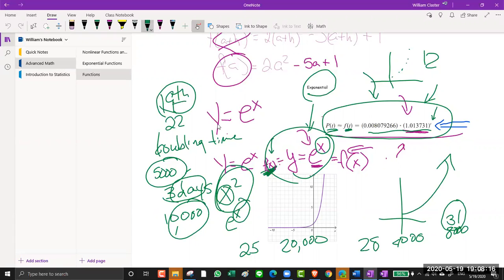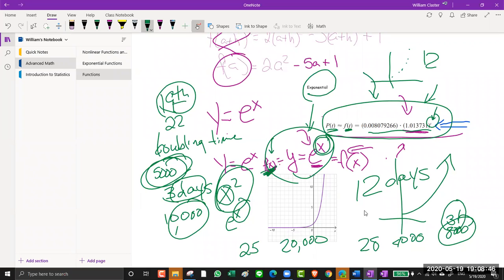So we said in 12 days, it could go from 5,000 to 80,000. Does everyone see that? That happens when the variable is in the exponent, like both of these. Then you get a doubling time.